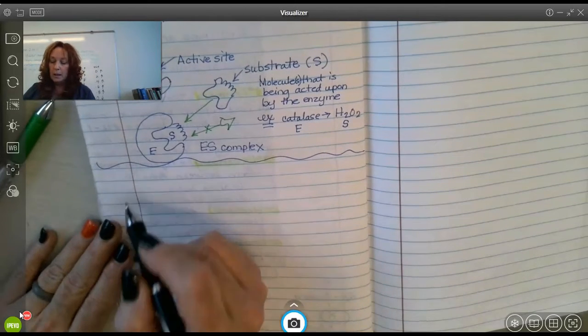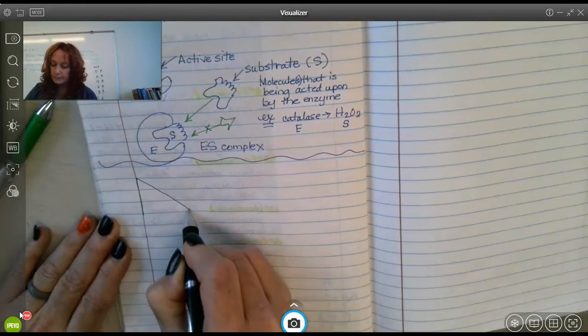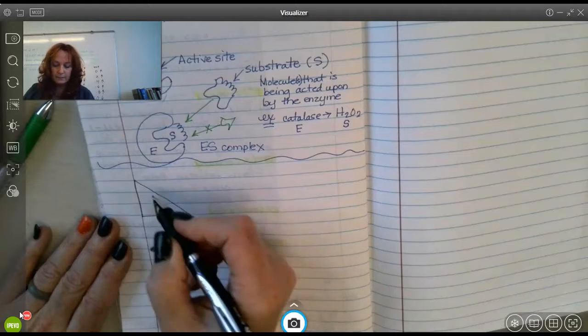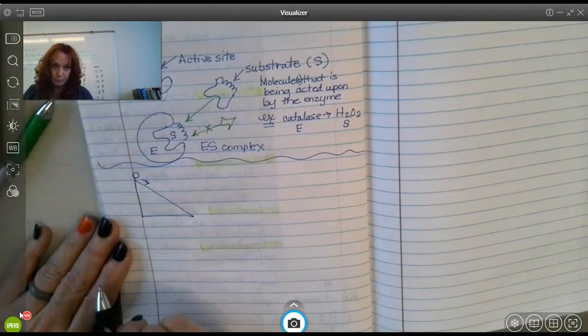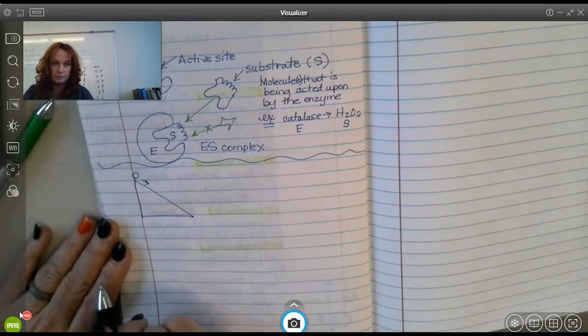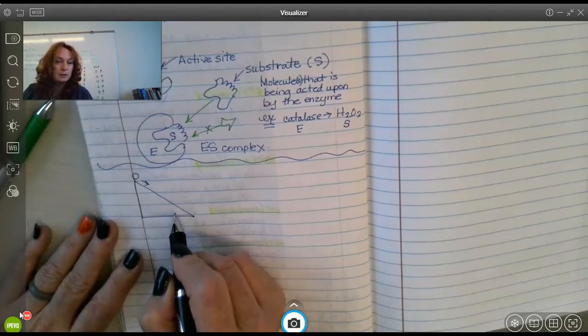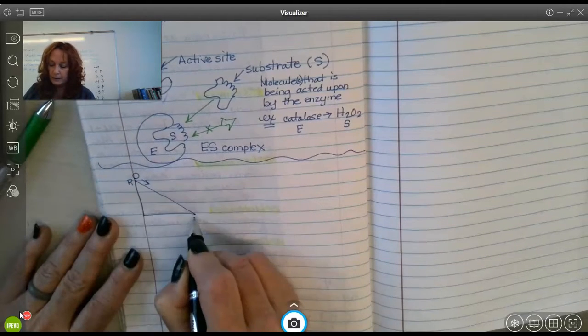If you think about it like this, some reactions will naturally occur. Processes will naturally occur. They're favorable conditions for that to go from reactant to product.